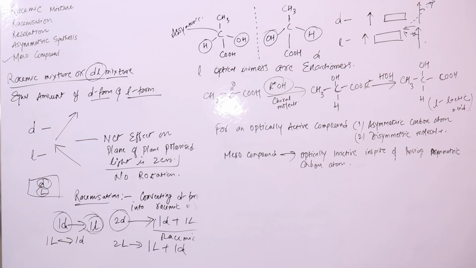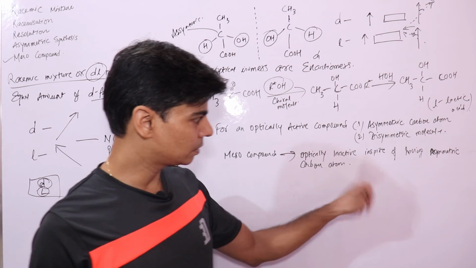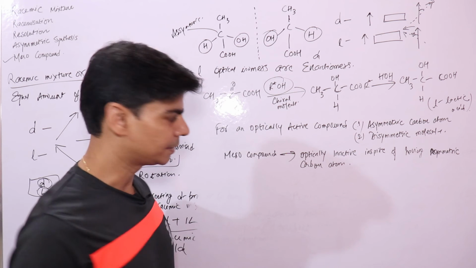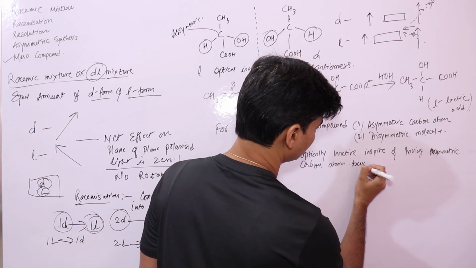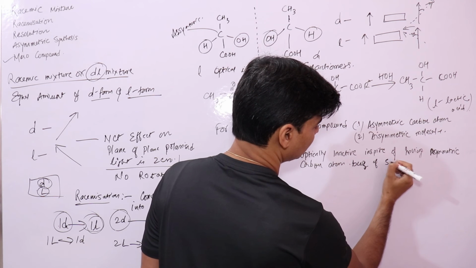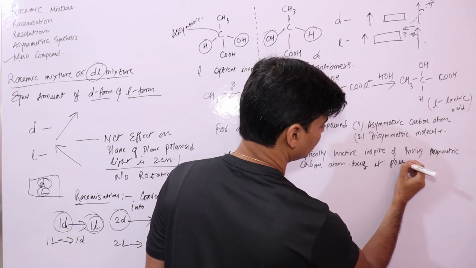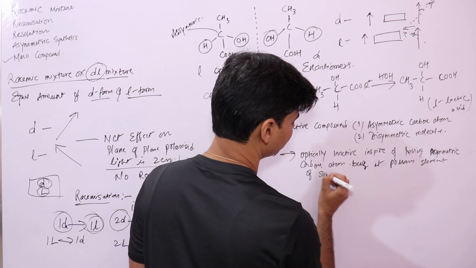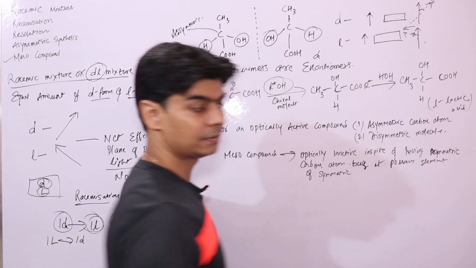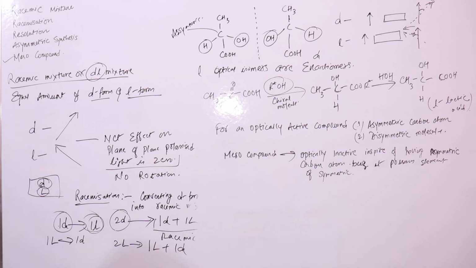The reason why they are optically inactive in spite of having a chiral carbon atom is because it possesses an element of symmetry, which may be a plane of symmetry or an axis of symmetry, a rotation axis of symmetry, right? So such compounds are meso compounds, right?